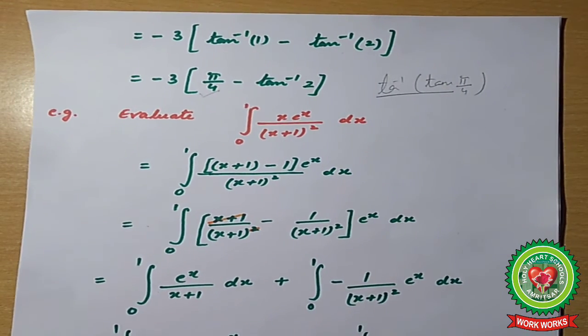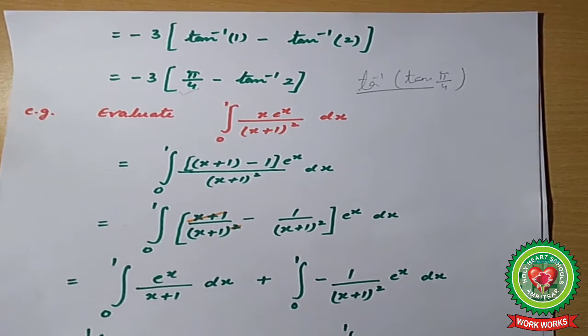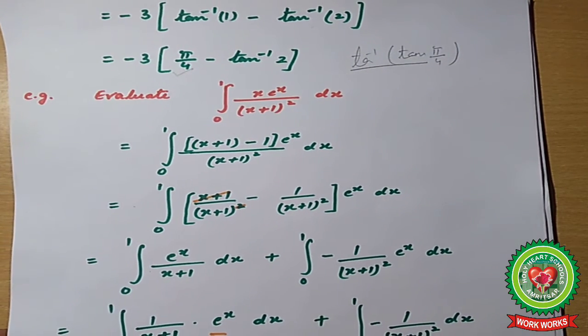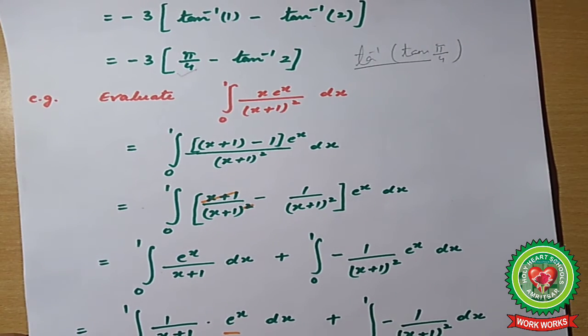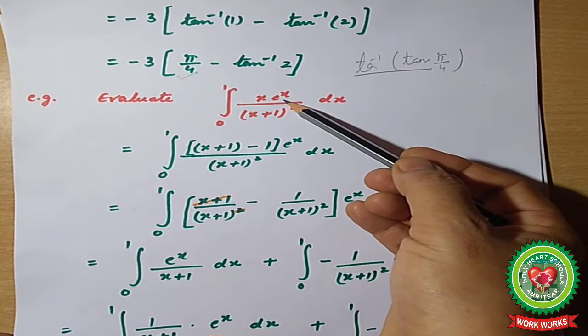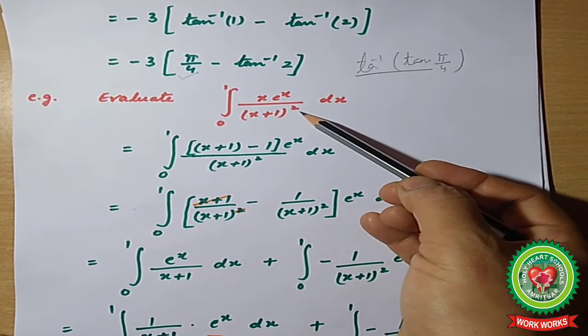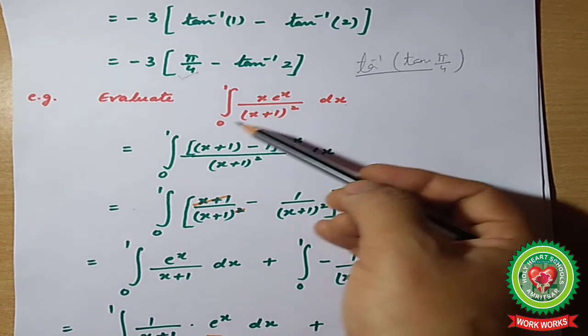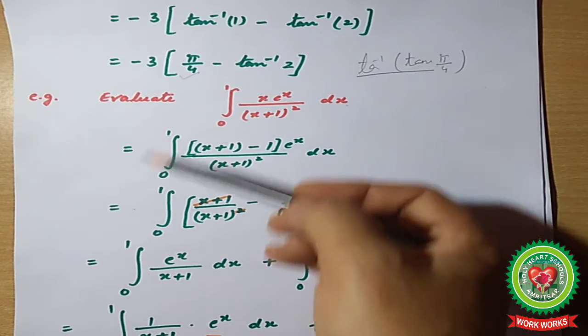Now I am taking one more example in which we will add and subtract a value according to our requirement there. Now e raised to power x, x plus 1 whole square in the denominator, we have to integrate with respect to x and the limit is given 0 till 1.